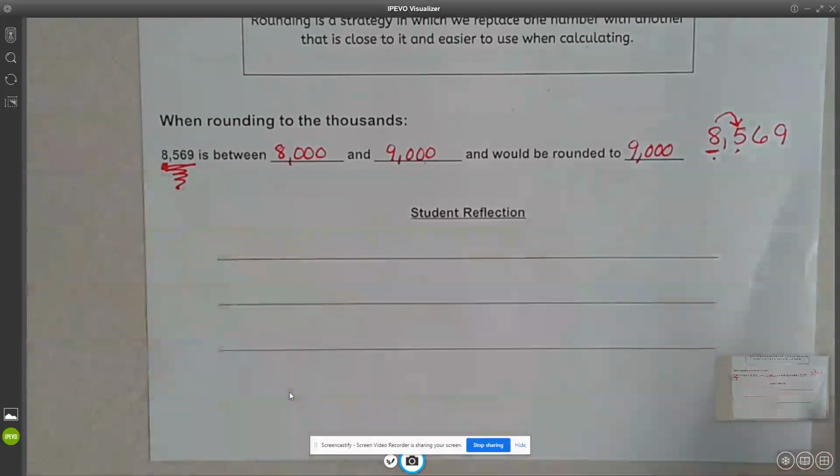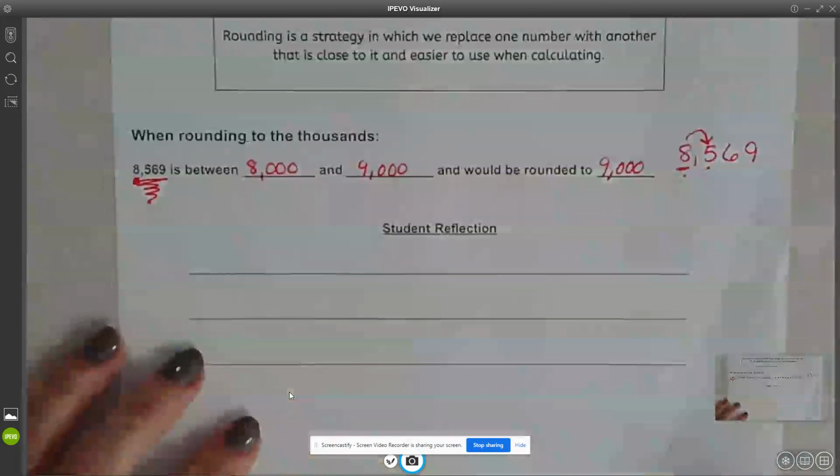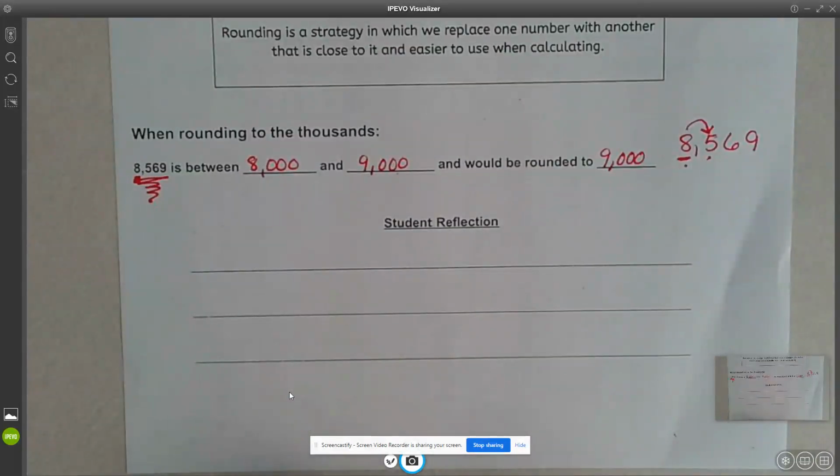Now, this right here is where you are going to write your reflections. If you were here on Friday, I gave you a sheet that had sentence starters for math. Like, I think that I am going to need to work on rounding to the thousands, something I haven't done before.